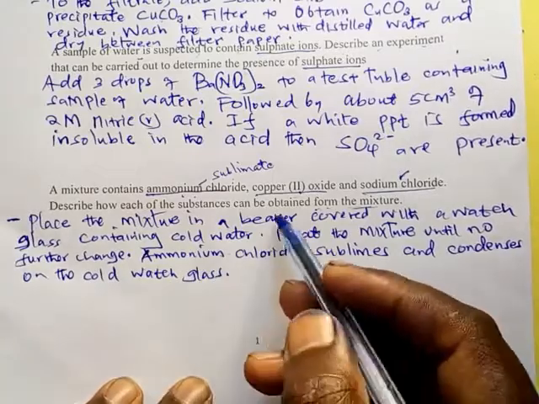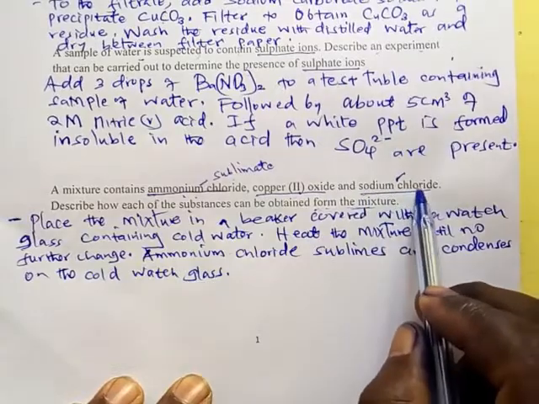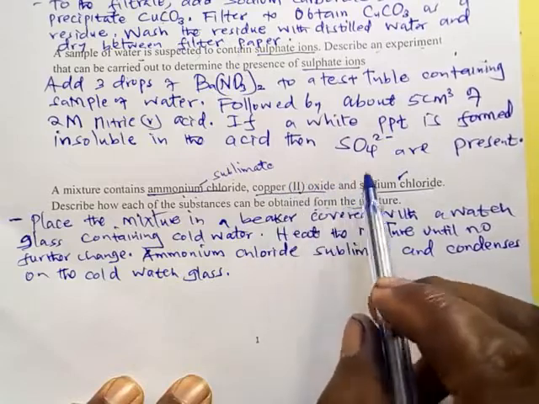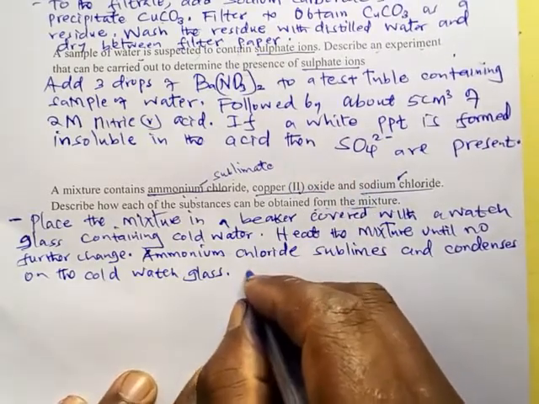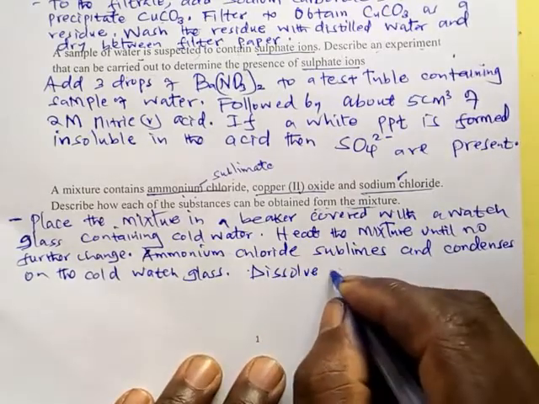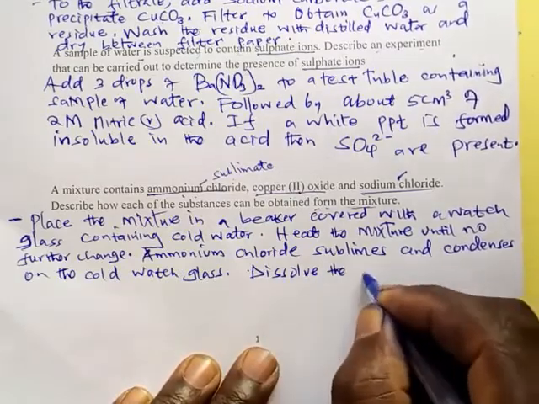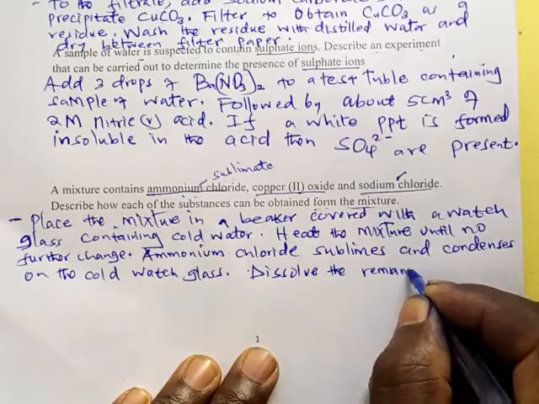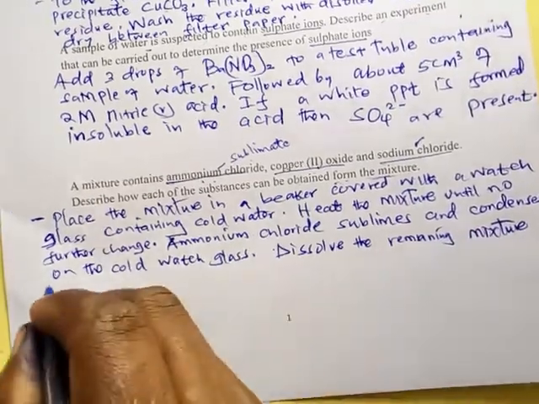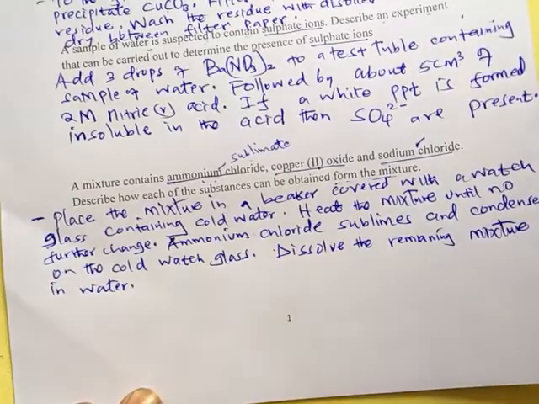Now we are left with copper 2 oxide and sodium chloride, but we know sodium chloride is soluble, copper 2 oxide is insoluble. Therefore, we dissolve the remaining mixture in water.